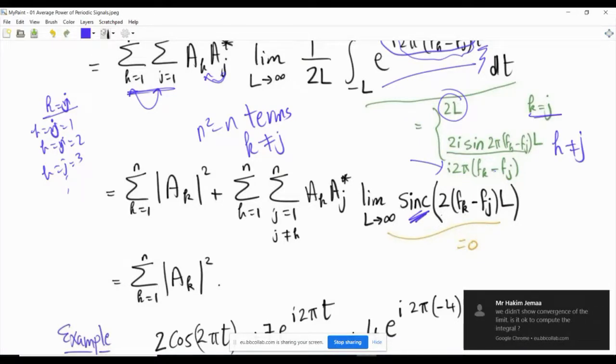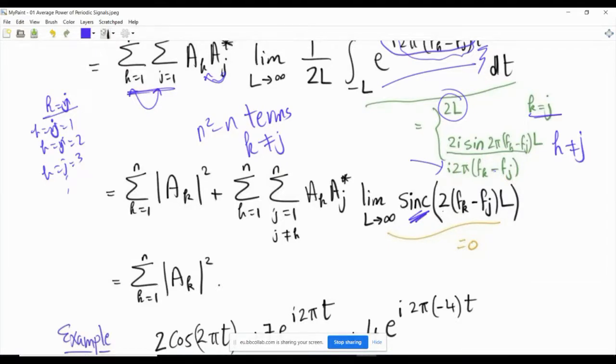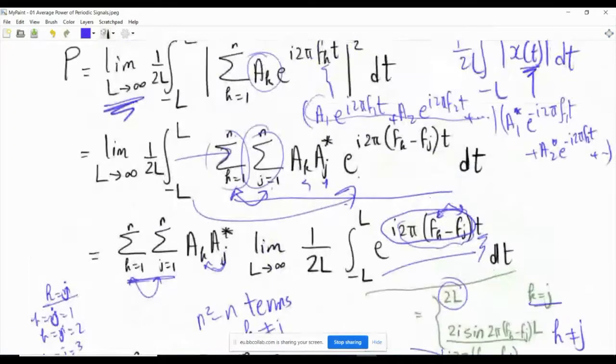is a continuous function. We didn't show convergence of the limit. We are doing things with respect to the limit, and we are doing things in the correct order. So we are computing everything here, and then finally we will take the limit. Now the limit can also be exchanged with the finite sum, because the limit is also linear.